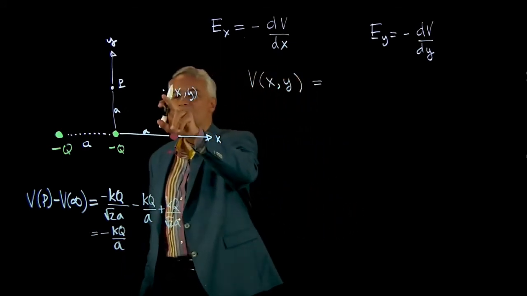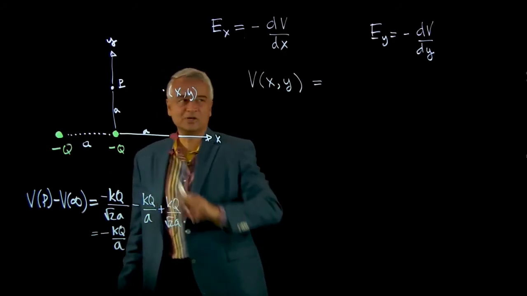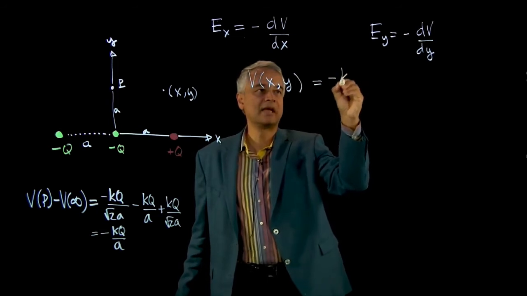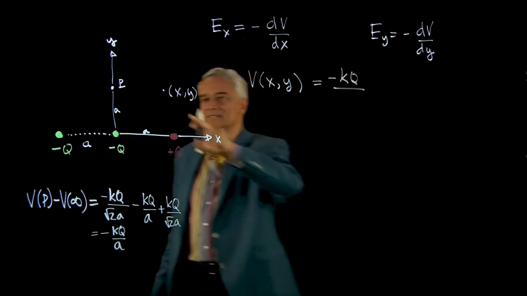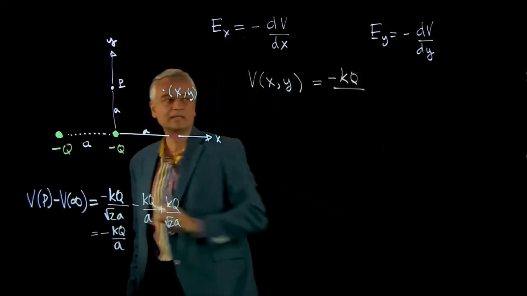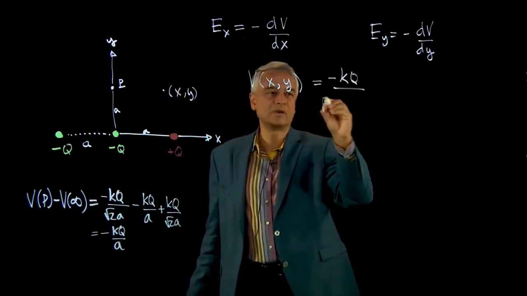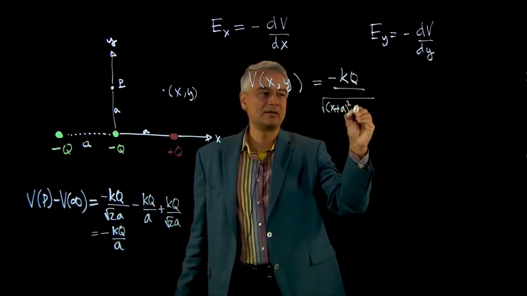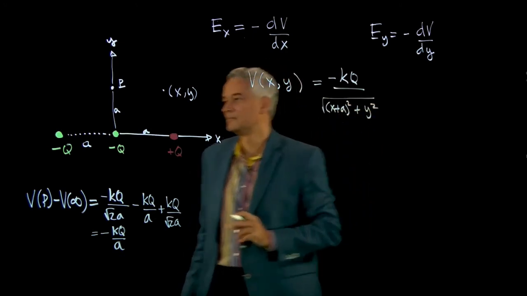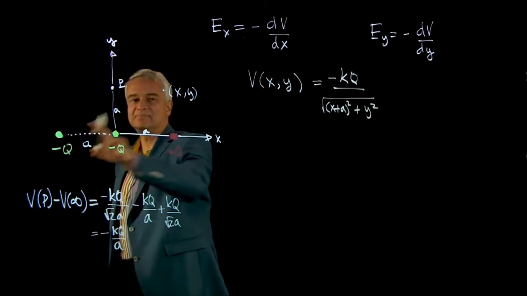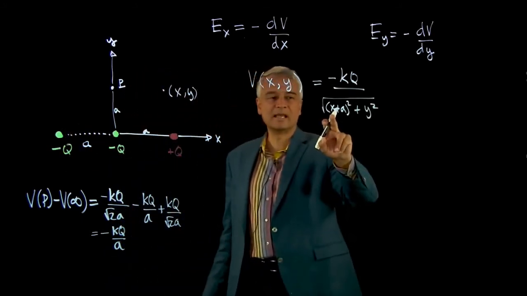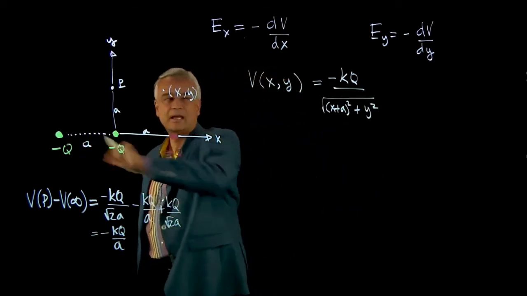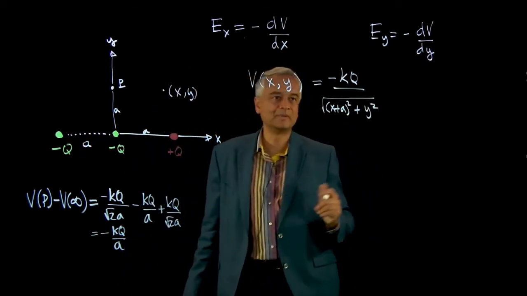So V at a point x and y, again, we'll have three terms. I'll have a minus kq divided by the distance between the point (x, y) and this point, and that will be the square root of (x plus a) squared plus y squared, because the distance from this point to here has an x component that's x plus a, and a y component that's just y, and so the distance is this square root.